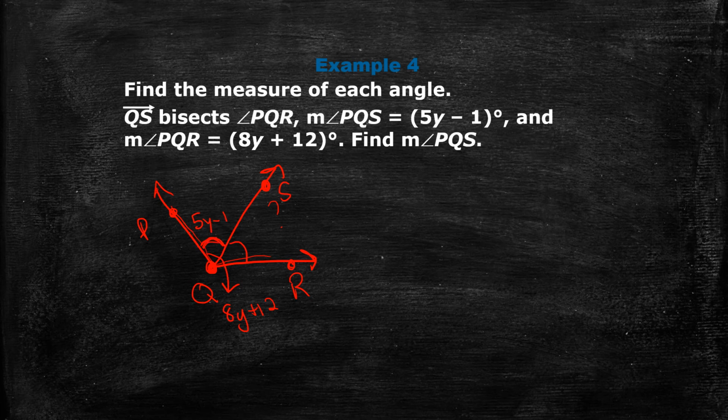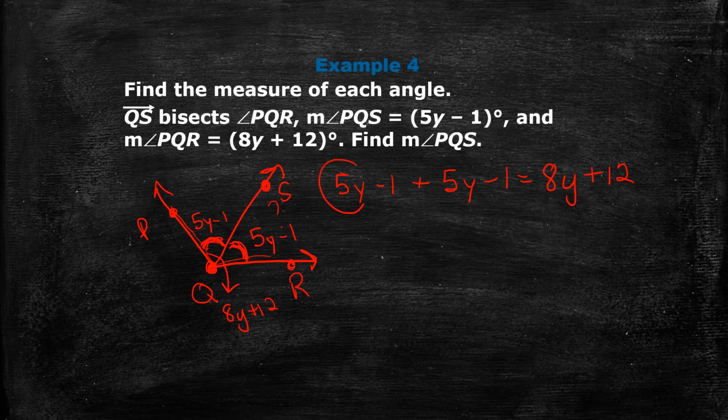Well, we were told that QS is the bisector, so these two angles are equal. So I can call this angle 5y minus 1 as well. And now we can use the angle addition postulate and say the first angle, 5y minus 1, plus the second angle, which is also 5y minus 1, is equal to the whole kit and caboodle here, 8y plus 12.